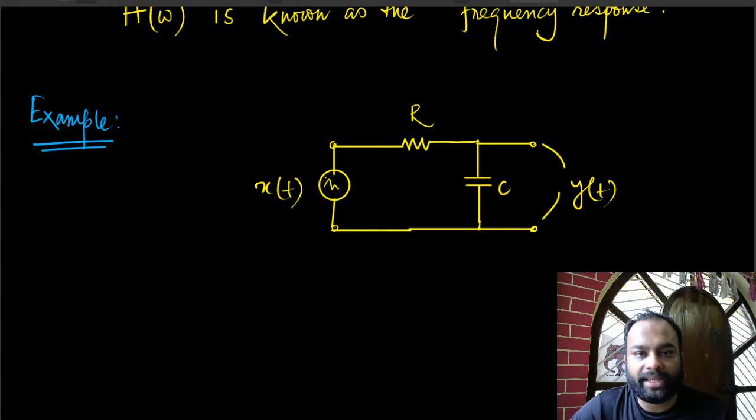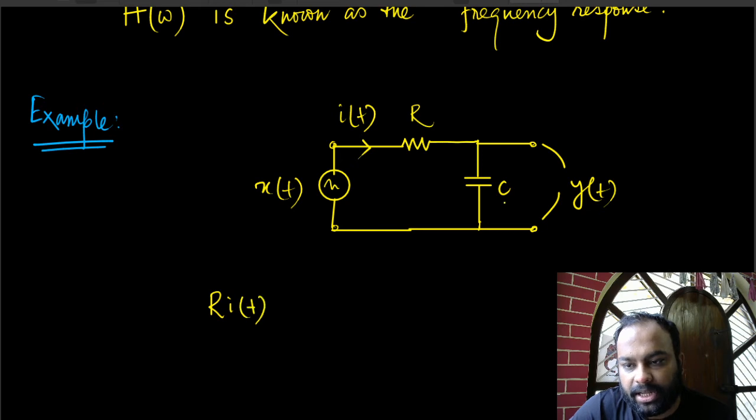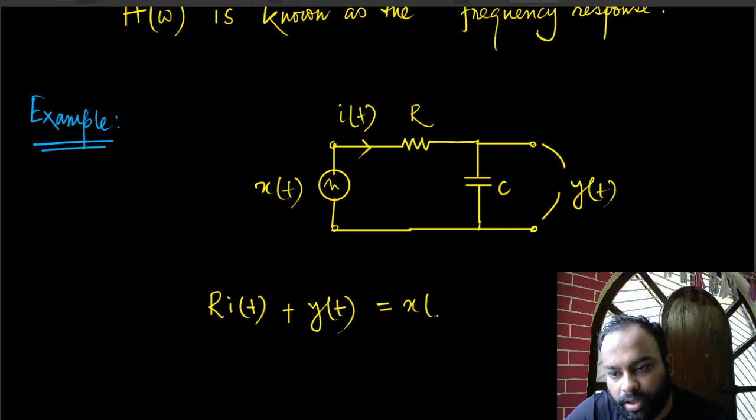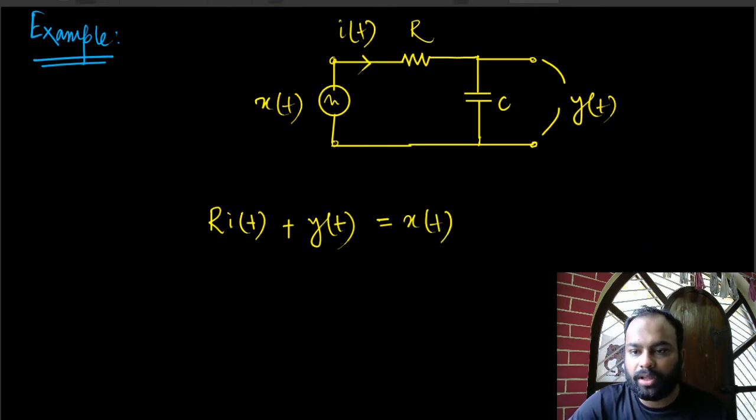This is the voltage across the entire circuit. If the current is i(t), then understandably the voltage drop across the resistor is this, and the voltage drop across this is y(t), and this is equal to the input from Kirchhoff's voltage law.